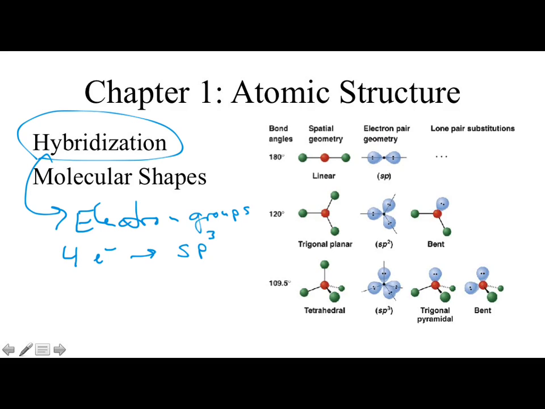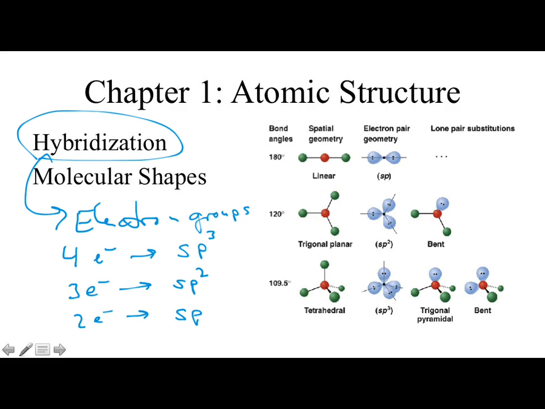So we'll take all of our atomic orbitals and turn them into 4 new atomic orbitals. Those new atomic orbitals will be called sp3. If we have 3 electron groups, we have an sp2 hybridization, 2 electron groups, we have sp. So what we're doing is taking the atomic orbitals for each of these and trying to hybridize them into a new situation that explains our three-dimensional structure.